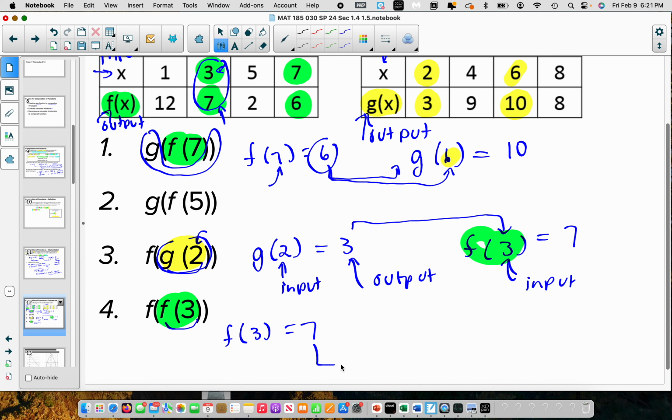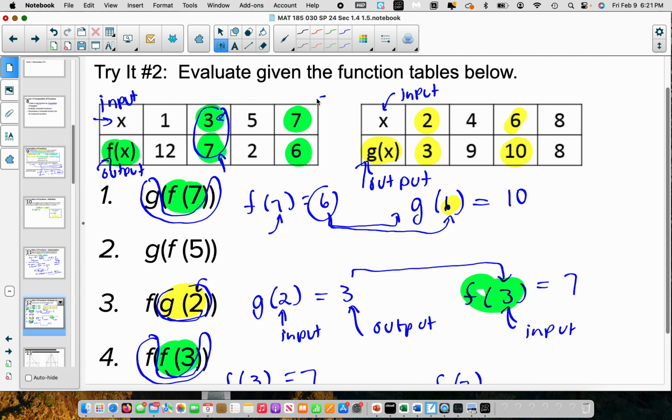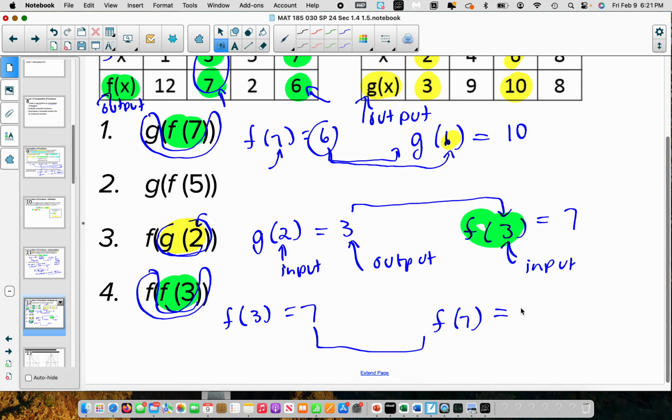I'm going to take that output and put it back into my f function. That's my outside function. So f of 7: I input 7 into my f function, I get an output of 6. And that's my final answer there.